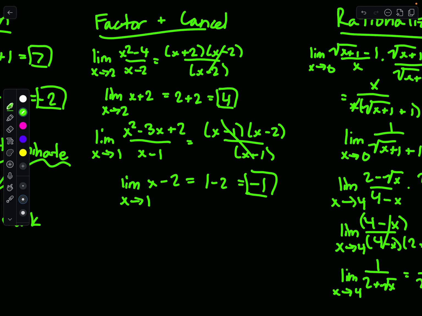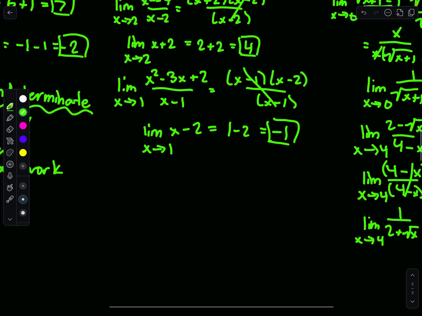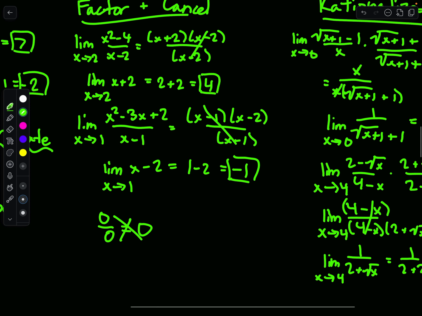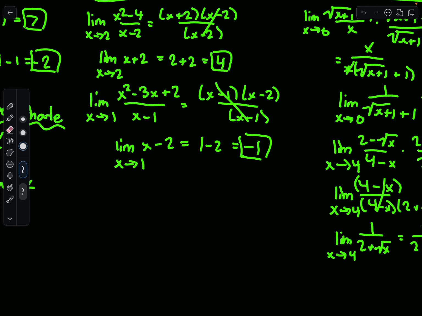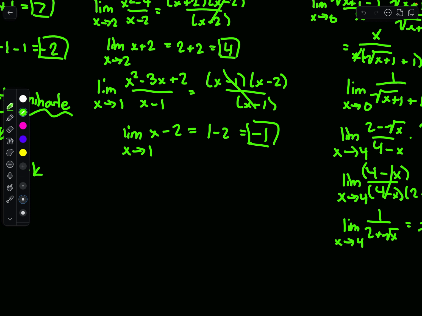This is not always the case, and you don't want to assume this. It's indeterminate. When you see 0 over 0, you want to use your factor and cancel or rationalization methods. So whenever you see 0 over 0, you just know that you need work to find the correct answer.